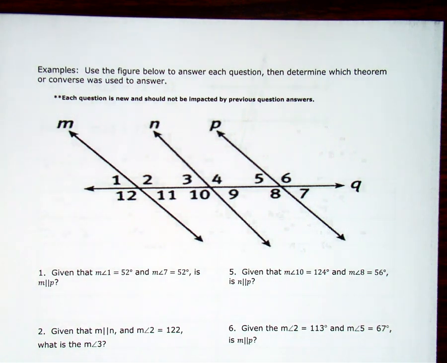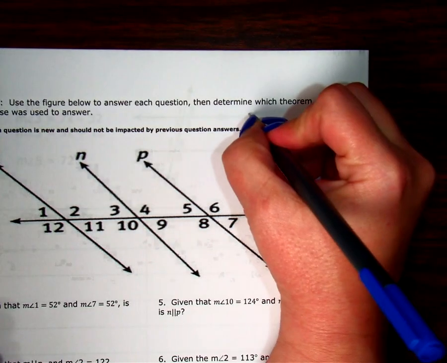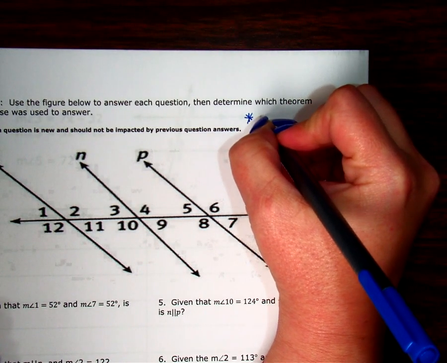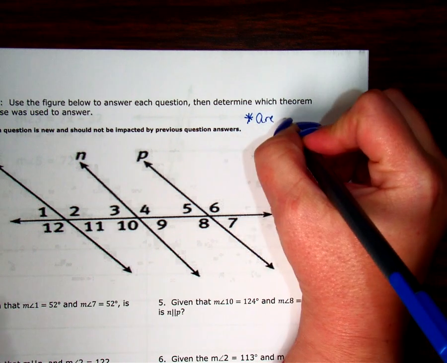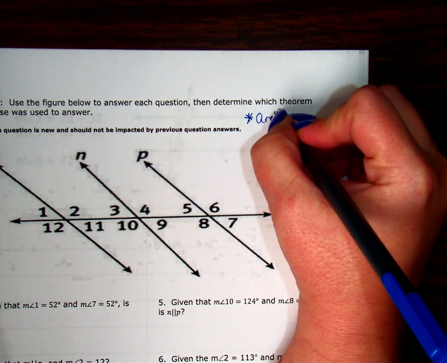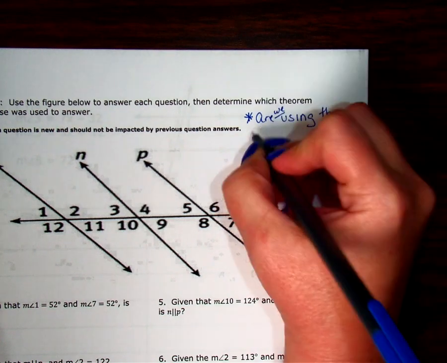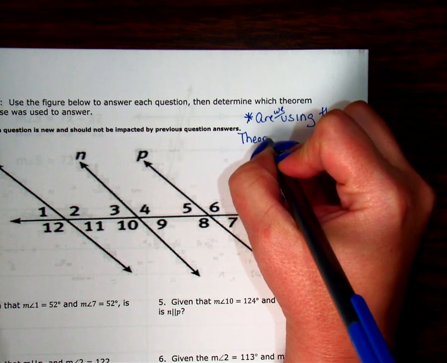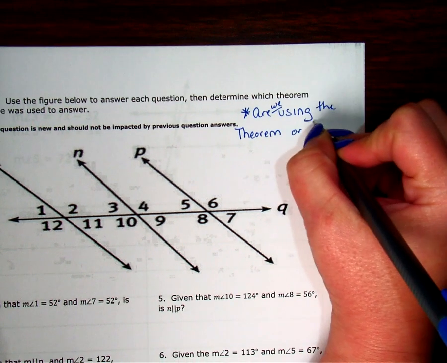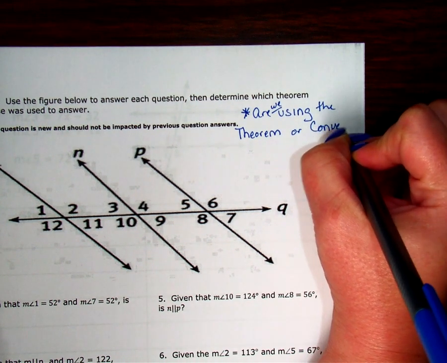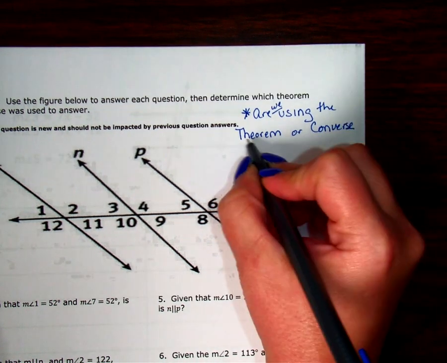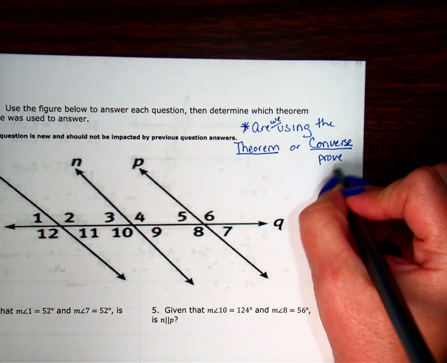So now I know I'm using the converse. I'm going to write this down so we don't forget. How do we know whether we are using the theorem or the converse? If I'm using the converse, like in this first one we just talked about, I'm trying to prove that I have parallel lines.